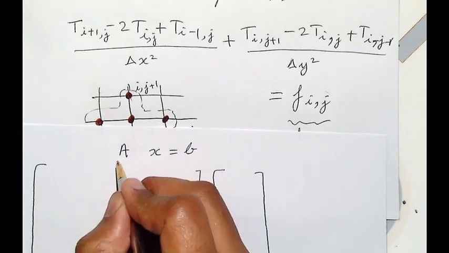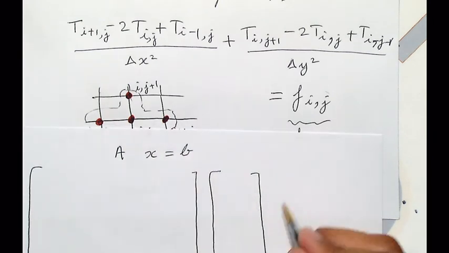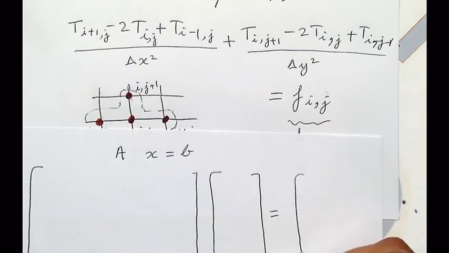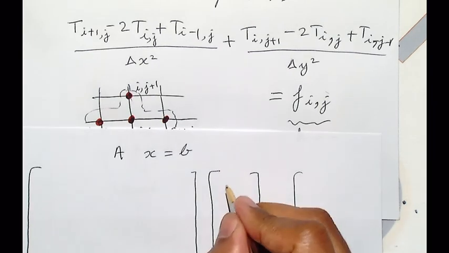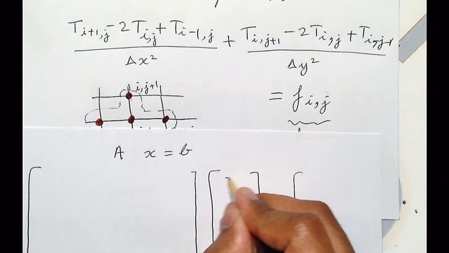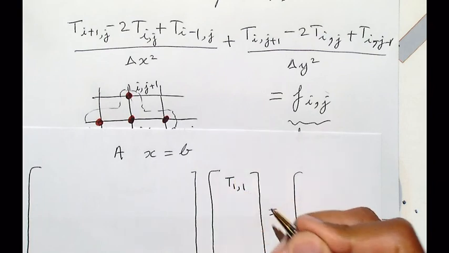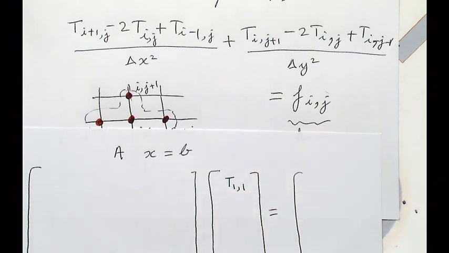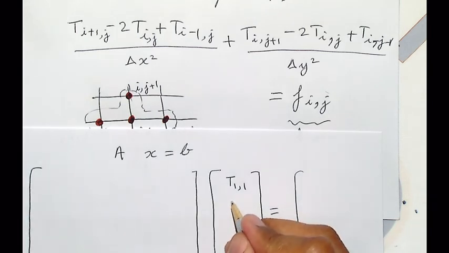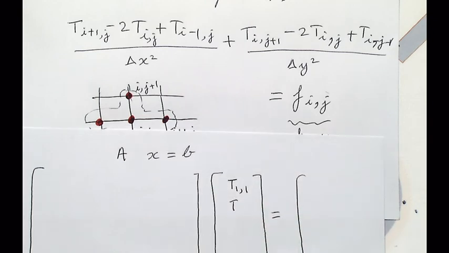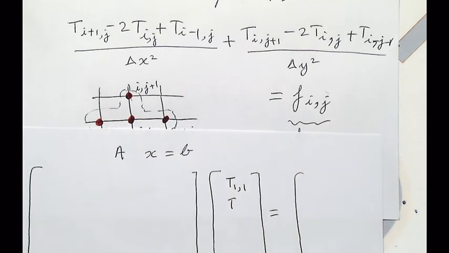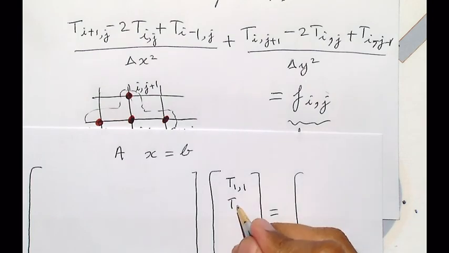So you would have a T1,1, right? Then there's a T, which direction should we go in? Let's go 2,1.